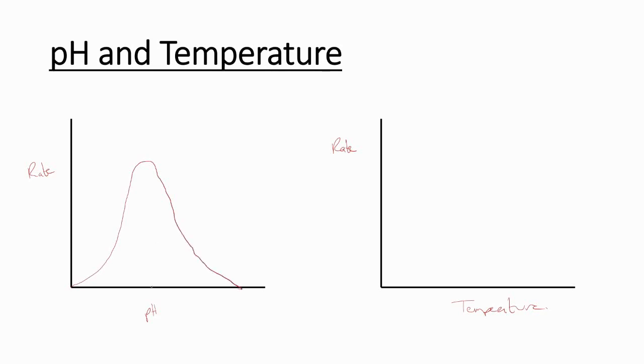You can see the highest rate, the optimum activity, is at this pH, and this can shift to lower or higher pHs depending on the type of enzyme. For example, a peptidase enzyme, a protease enzyme in the stomach, will have an optimum activity at a low, acidic pH. So this peak will be here at a lower pH.